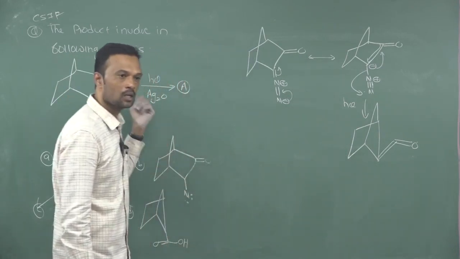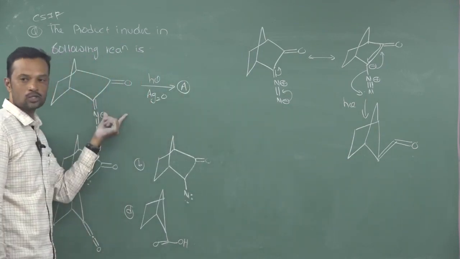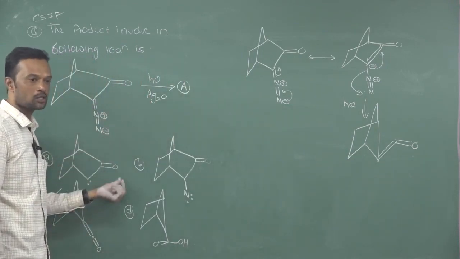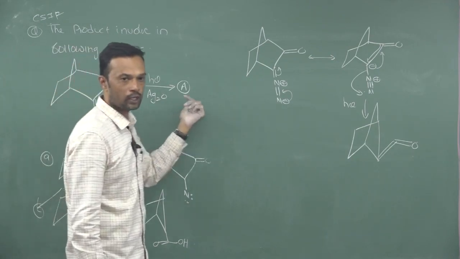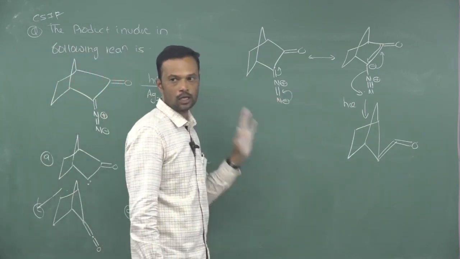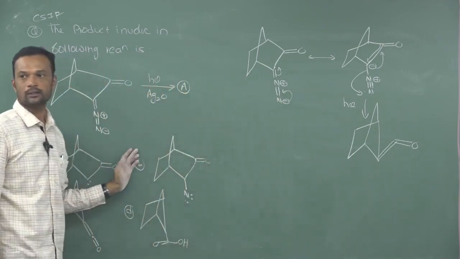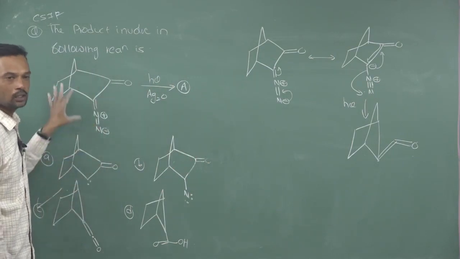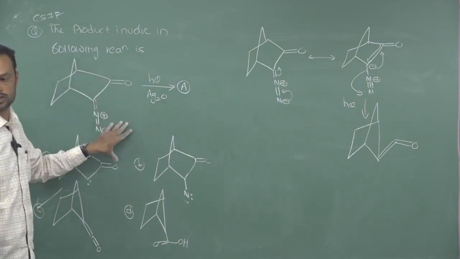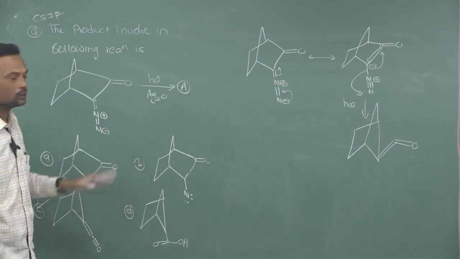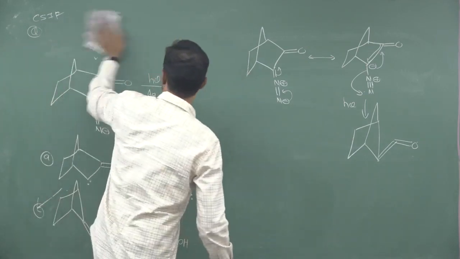Nitrene reactions, same: cyclopropanation or cycloaddition reactions, insertion reaction, dimerization reaction, disproportionation reaction, finally a rearrangement reaction. Rearrangement reactions are very important for nitrene. So some rearrangement reactions are Hofmann, Curtius, Lossen and Schmidt rearrangements. Okay, so that is the end of nitrenes.